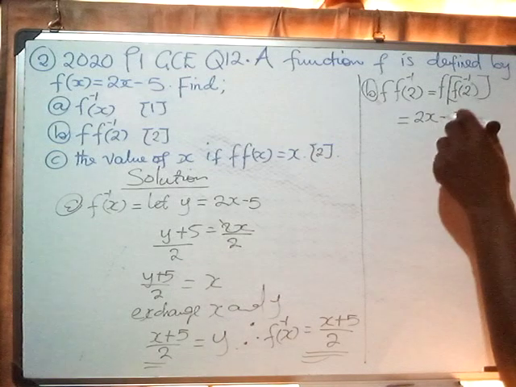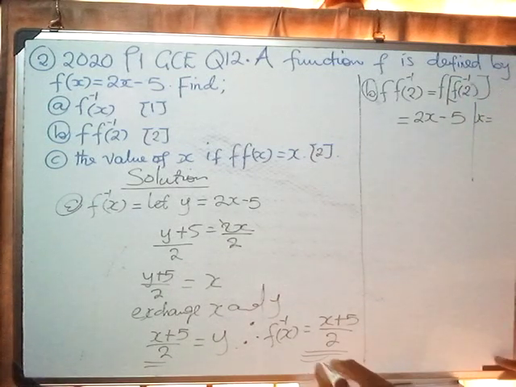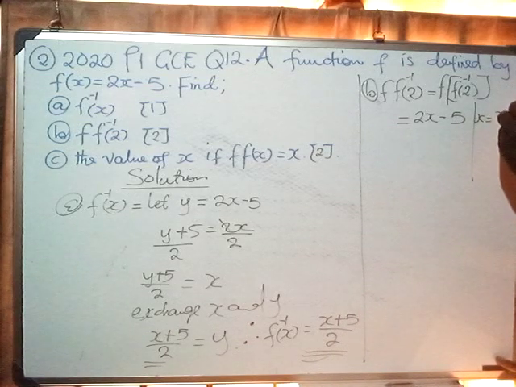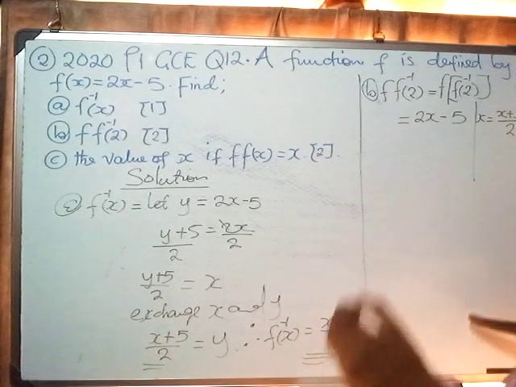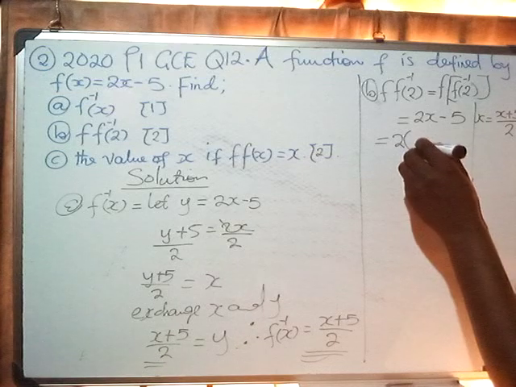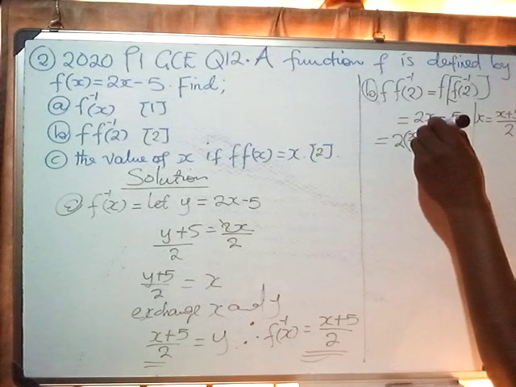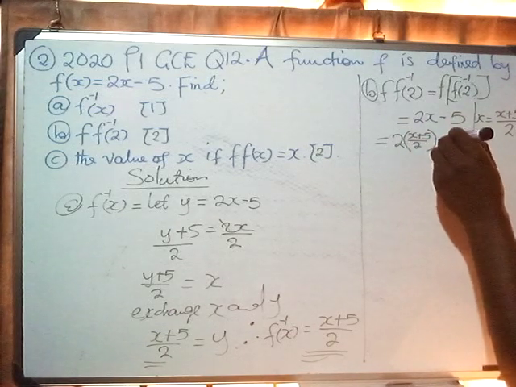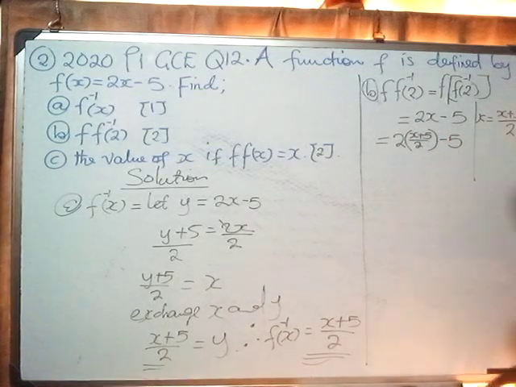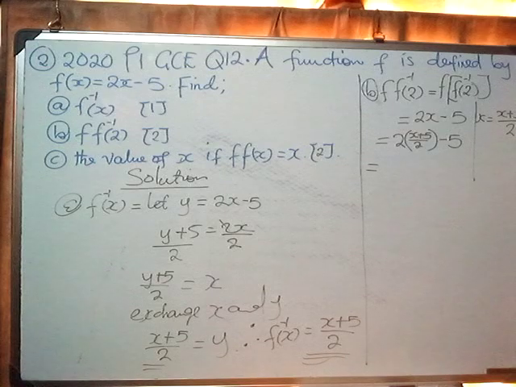Where there's x now, we are going to replace it with the f inverse we got. So this one will be 2 open bracket x plus 5 over 2, then minus 5. Don't even expand it.